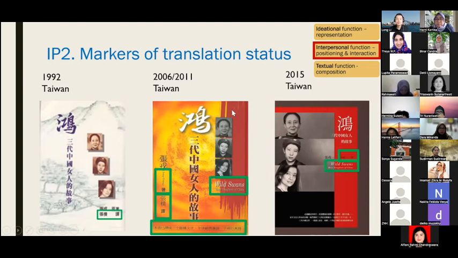So all these markers of translation status serve to increase the distance between the women and Chinese readers, which is actually quite unexpected. And in translation studies, we may consider this to be foreignization, reminding readers that this work is not written in the target language, but it comes from an exotic language and culture.